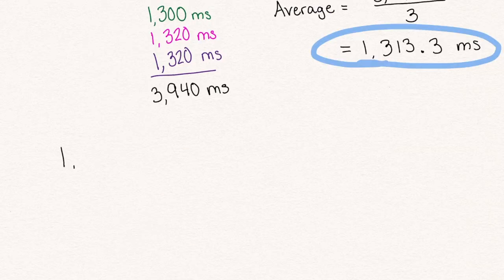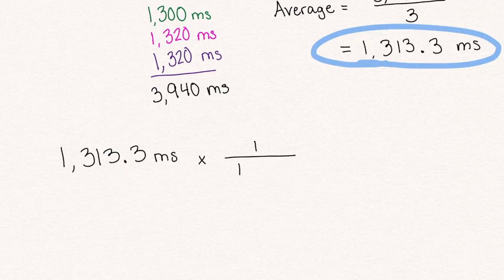So I have my average in milliseconds, but I want to convert that number into seconds. What I can do is multiply by 1 over 1,000, because 1 second equals 1,000 milliseconds. It's like I'm multiplying by 1.